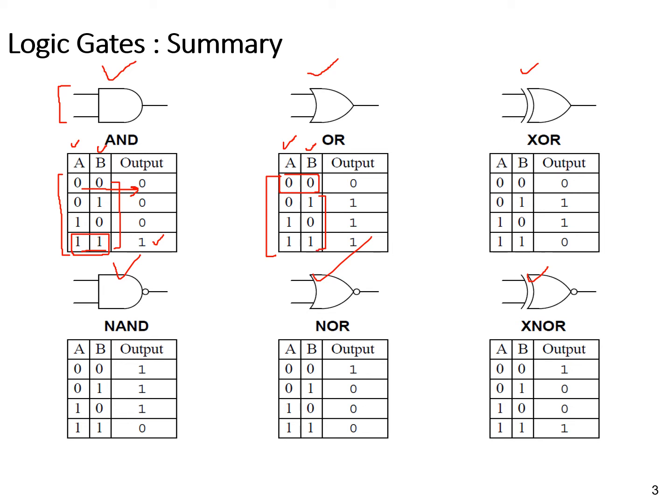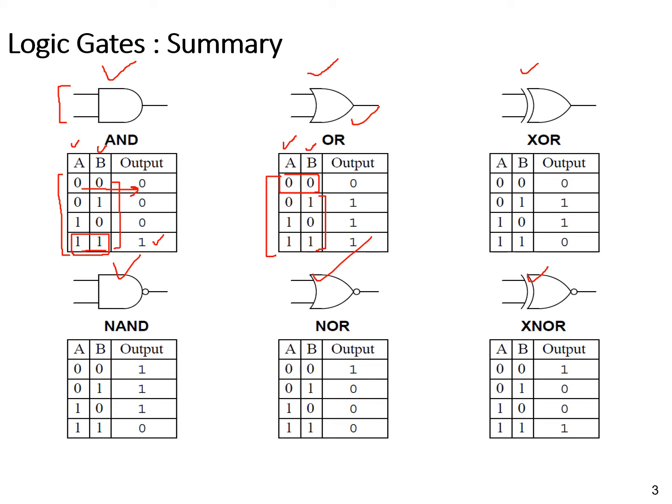Because it can recognize the very first state of the input combination and reject it, and accept all the other input combinations, because of this recognition phenomenon, we can say that this OR gate can also perform intelligent operation.